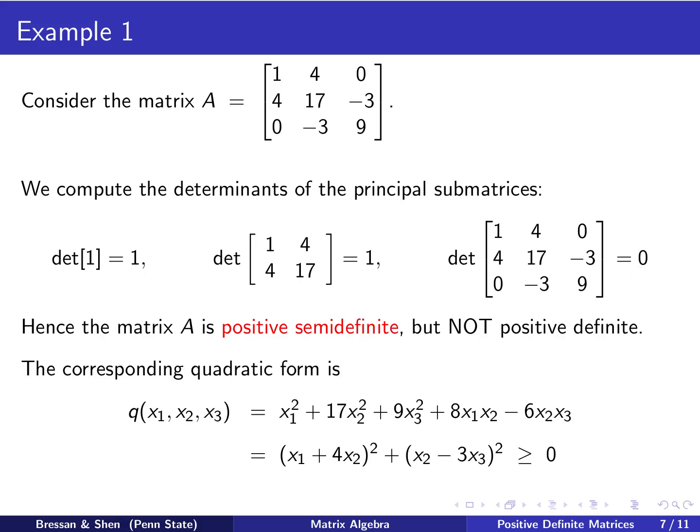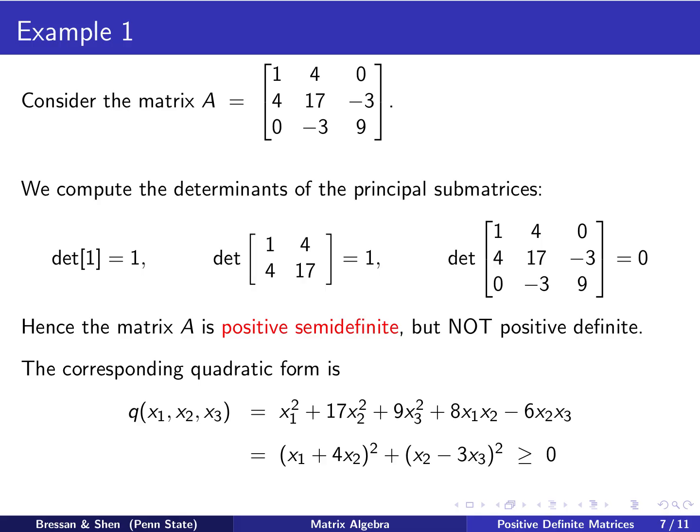And we can write out the quadratic form, that is x transpose times A times x, and you work out the product and you can write it into this form. There's also a quick way of finding this. In front of x1 squared is the first diagonal entry, in front of x2 squared is the second diagonal entry, and in front of x3 squared is the third diagonal entry.